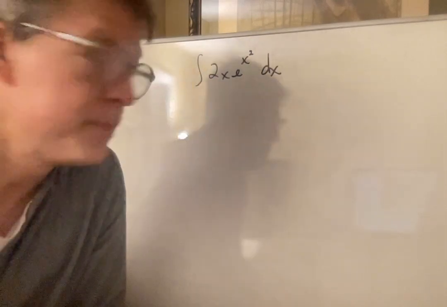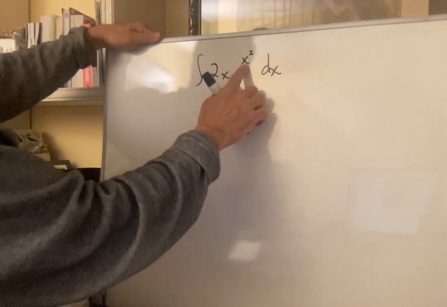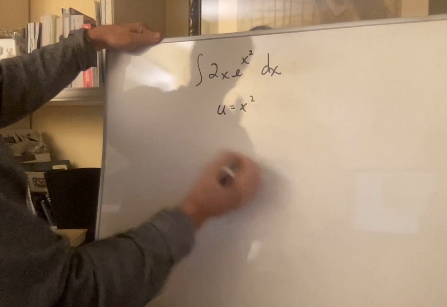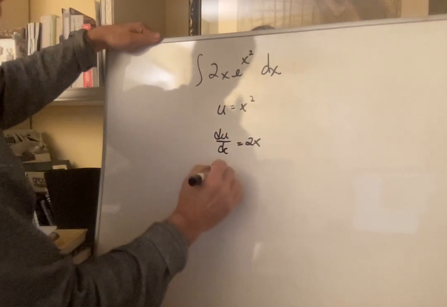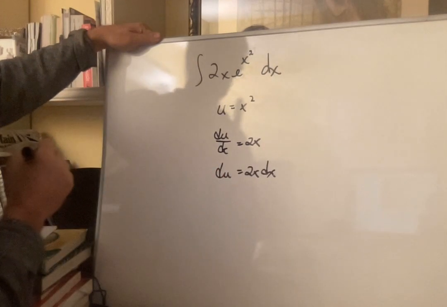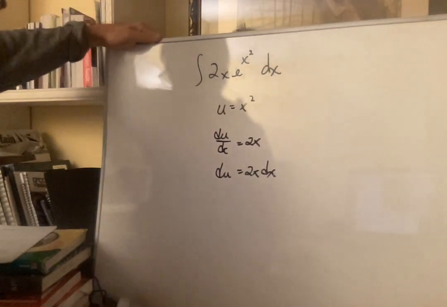Okay, so I see that this part of the function has its derivative elsewhere, so that's my u. And then I solve for du, and I get this. Shazam. Done. For now, it's done, okay? Let me give you another one.